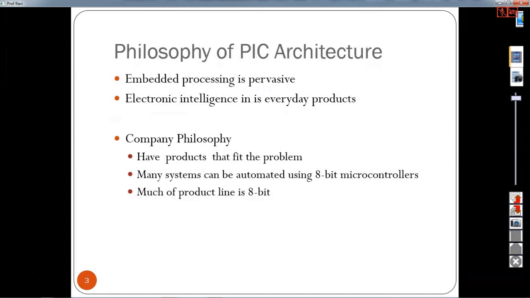The philosophy which we choose for selecting any particular microcontroller would be this: have the product that fits the problem. Many systems can be automated using 8-bit microcontrollers, and much of the product line is 8-bit.